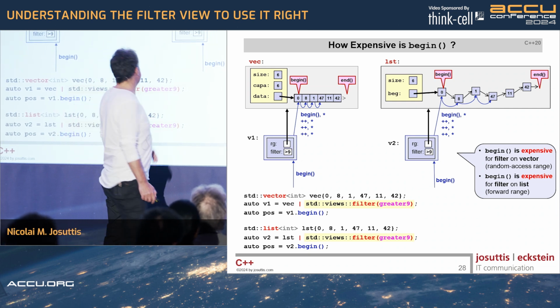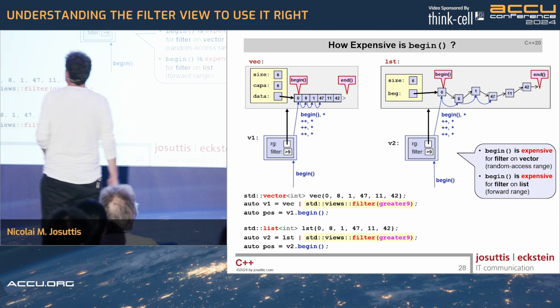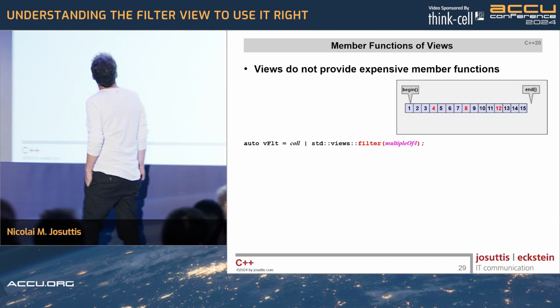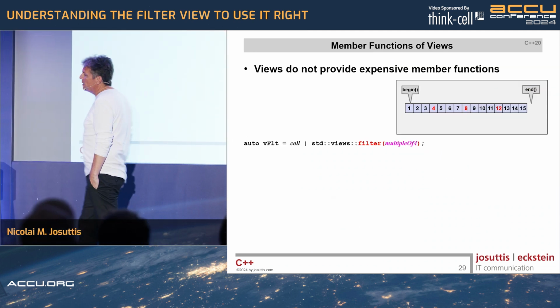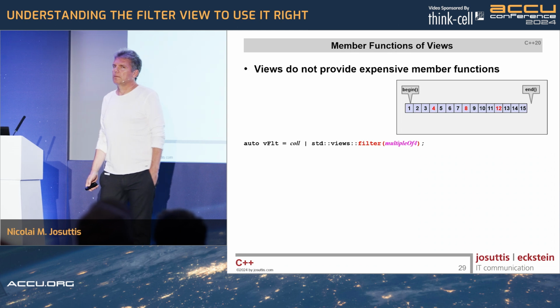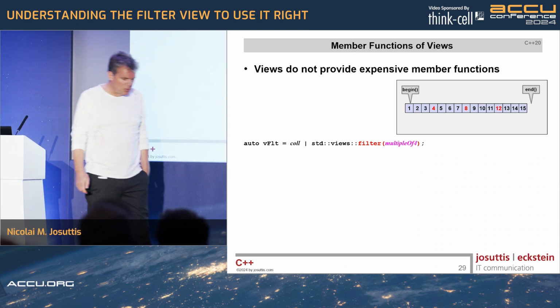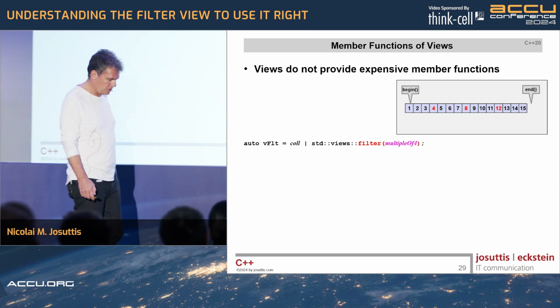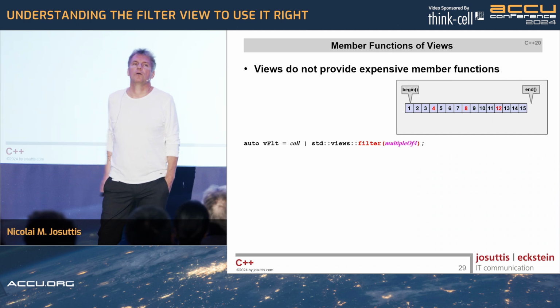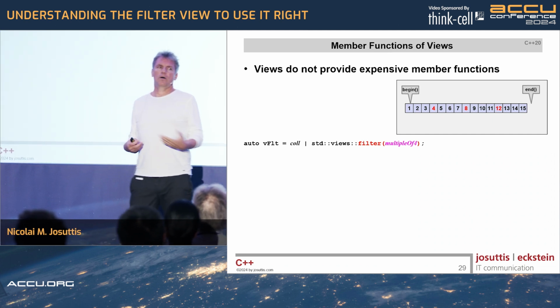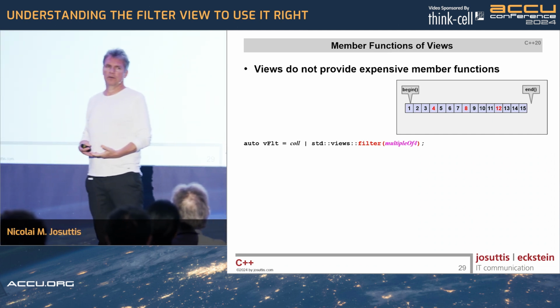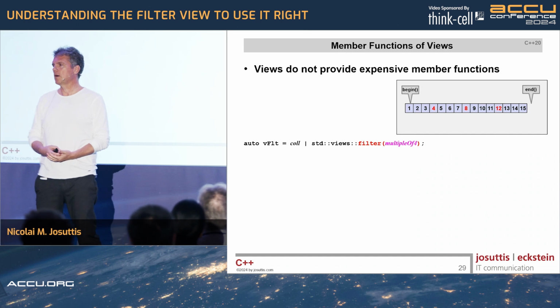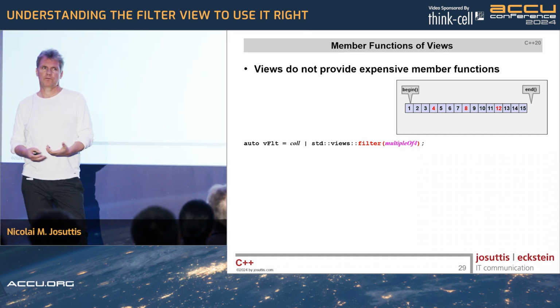So how do we deal with that? Well, the goal is that we do not provide too expensive operations. Well, that's a general goal. That's why you cannot call the index operator on a list. You cannot call push front on a vector because these would be expensive operations.